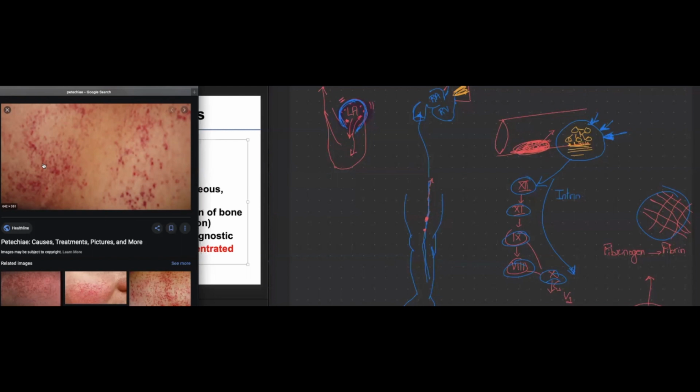If a person has allergy or a mosquito bite or something, when you press on it, it goes away simply because you still have the blood vessels intact, so the blood can be squeezed when you press it. But here the blood is stuck within the skin itself. So when you press on it, those petechiae won't go.